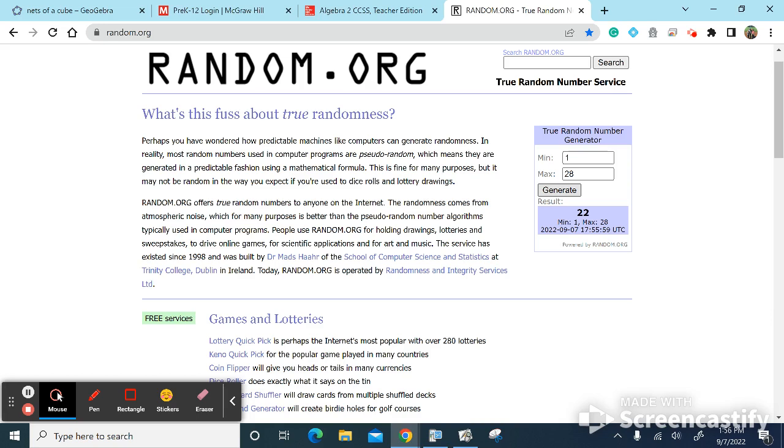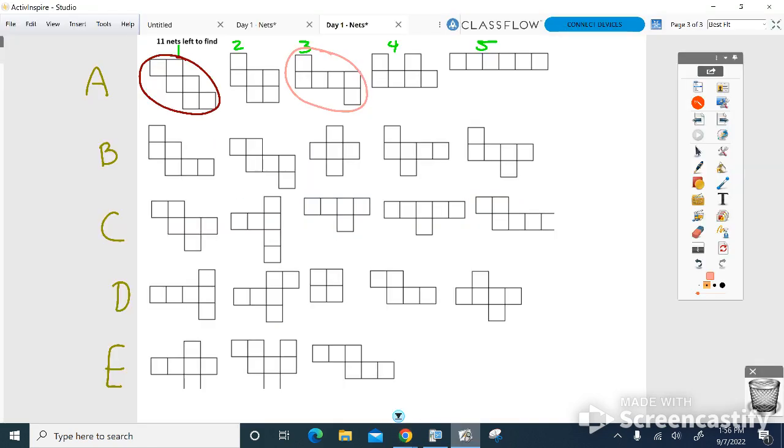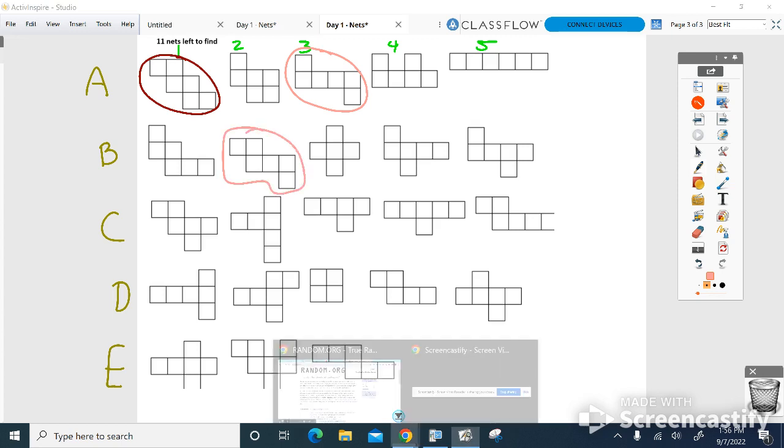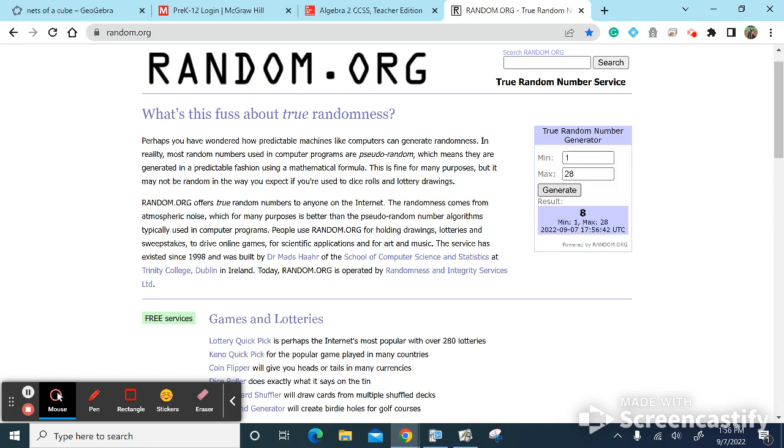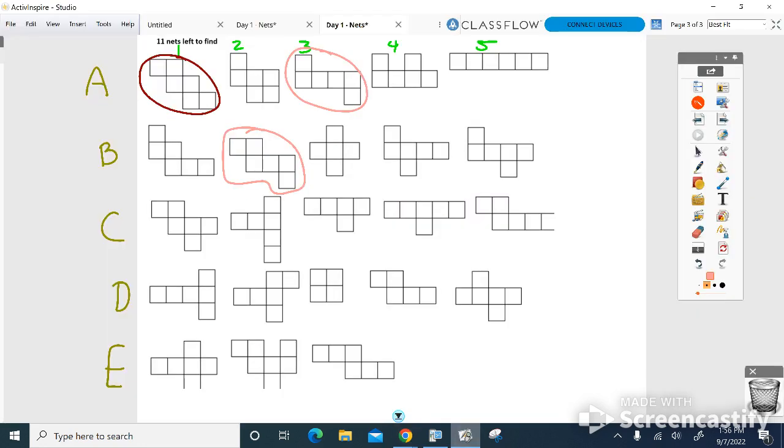That's so ridiculous. Guys are ridiculous. B2. B2. B4.